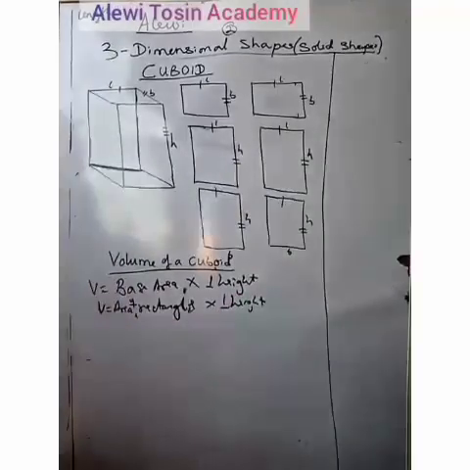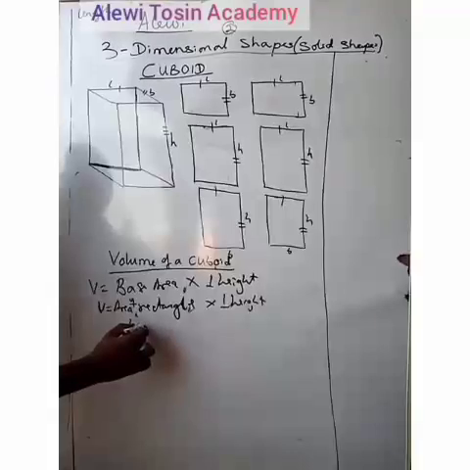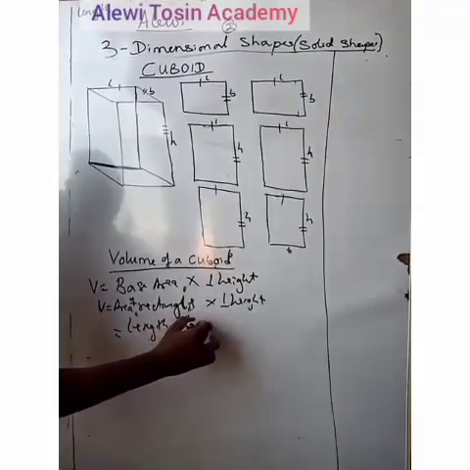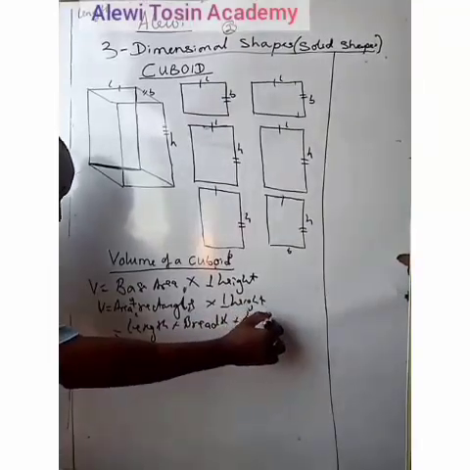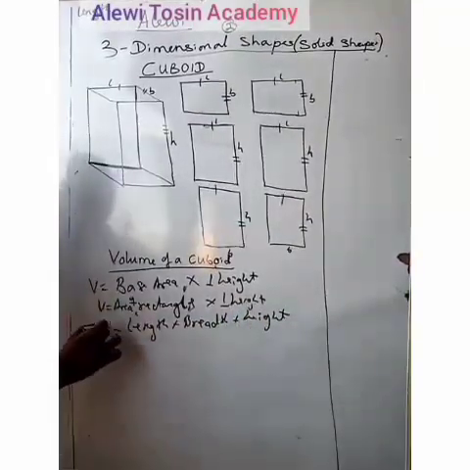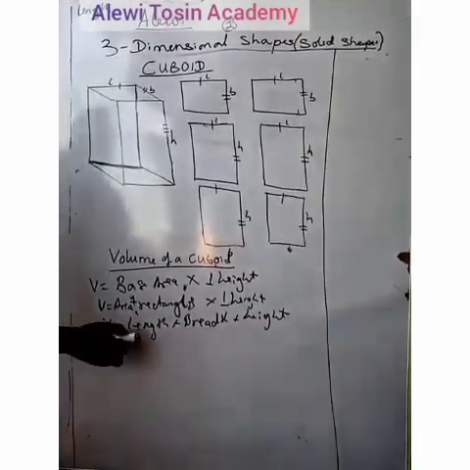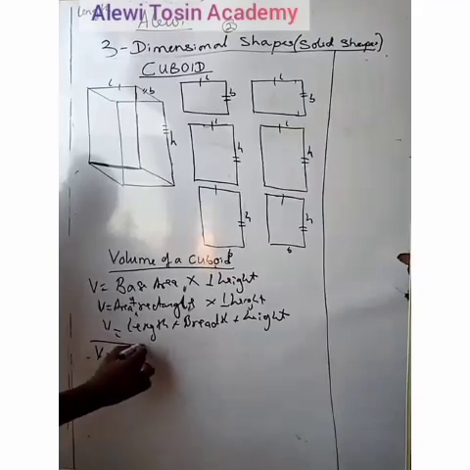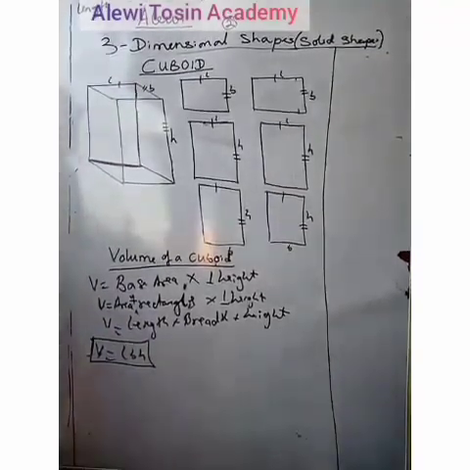Now, the area of a rectangle, as we all know, is length times breadth. So this is the height here, and that is why the volume of a cuboid is length times breadth times height, L times B times H. That is the volume of a cuboid.